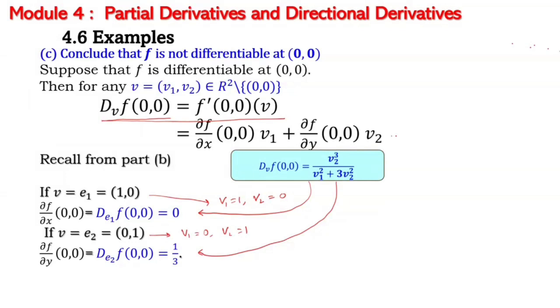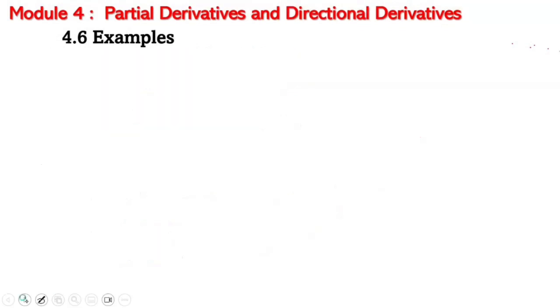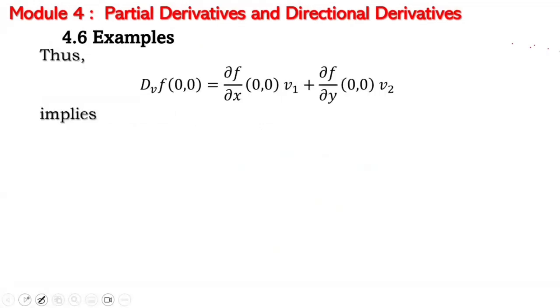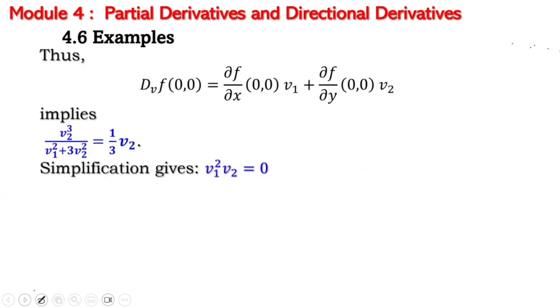So therefore, coming back to this relation, from the previous part we have v2^3 over (v1^2 plus 3 v2^2) is equal to (1/3) v2. Now if you simplify it, you will get v1^2 v2 equal to 0. How is it?